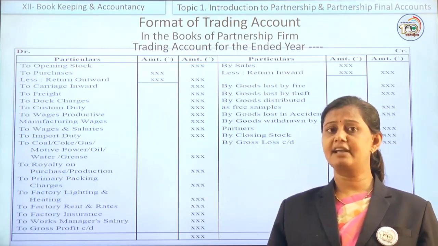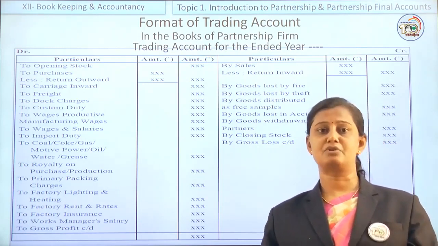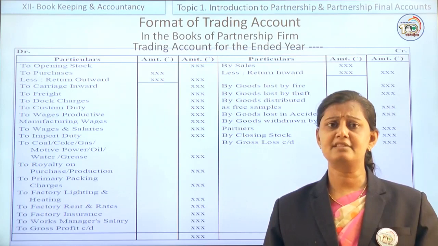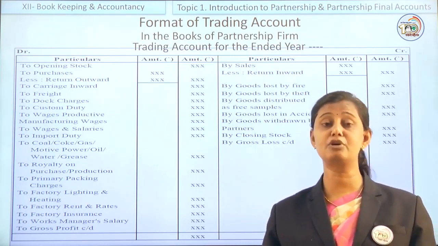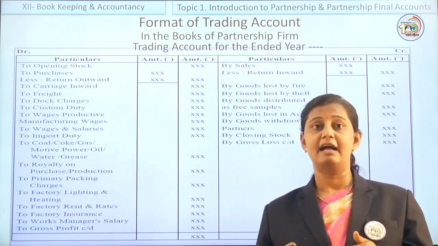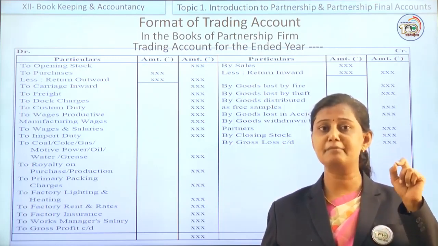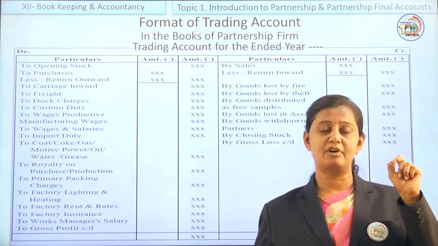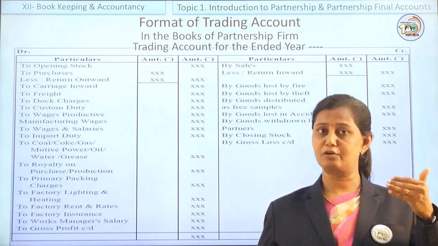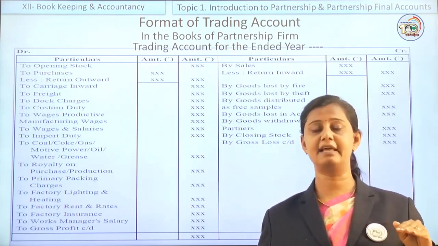Next item of trading account credit side is closing stock. Closing stock means unsold goods, stock in hand at the end of the accounting year. Students, always remember that closing stock is always valued at cost price or market price, whichever is less.